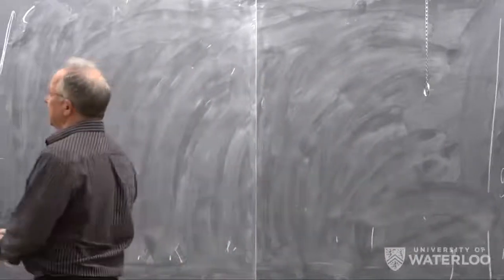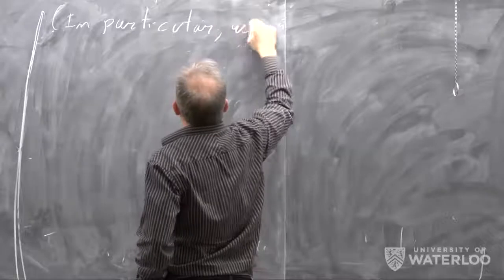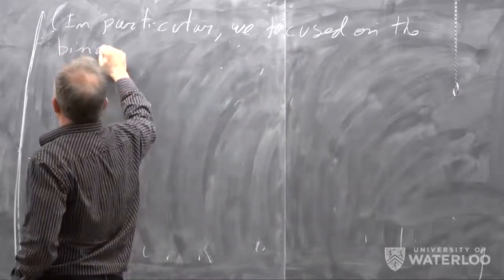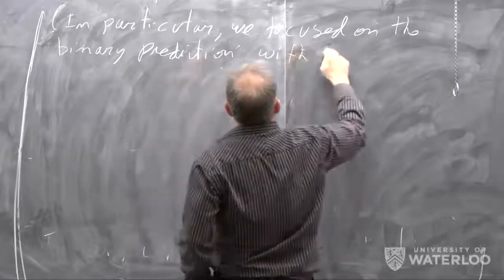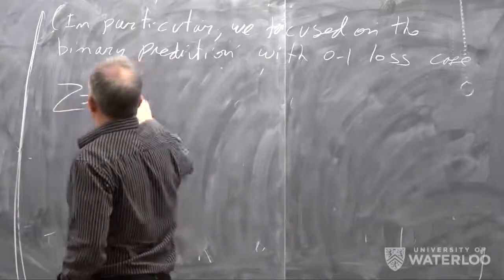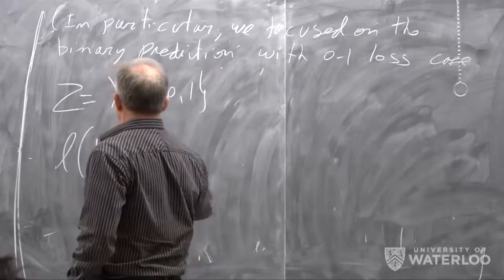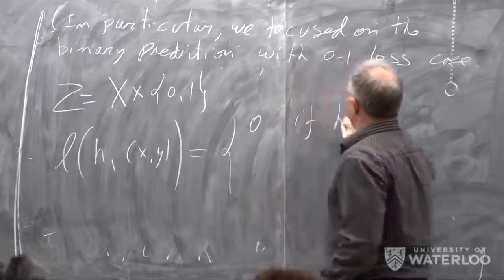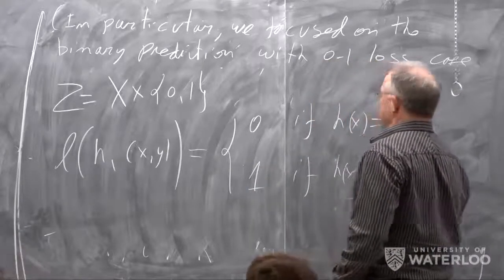So in particular, we focused on the binary prediction with 0, 1 loss case, in which Z was some x cross 0, 1, and L of some hypothesis H, when it's given a point in Z, was 0 if H of x equals y, and 1 if H of x is not equal y.